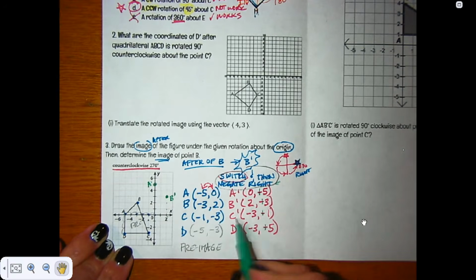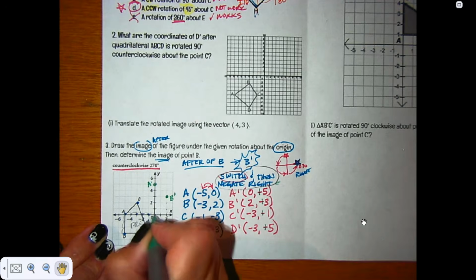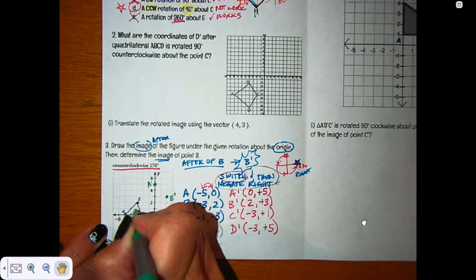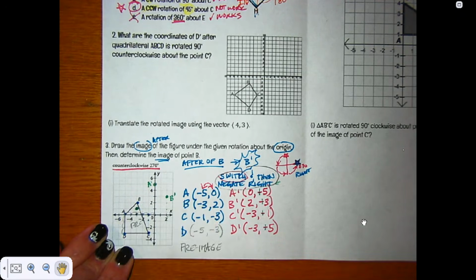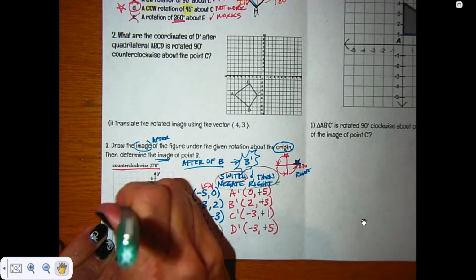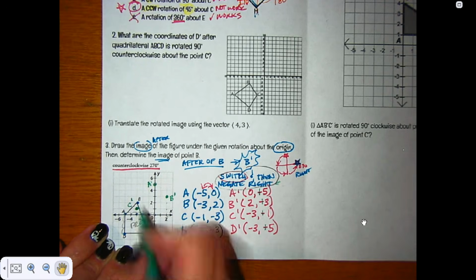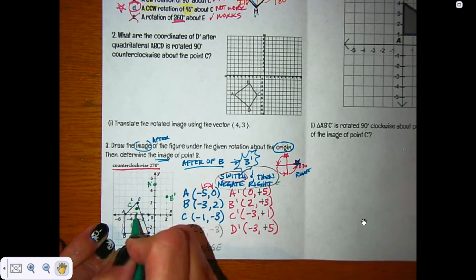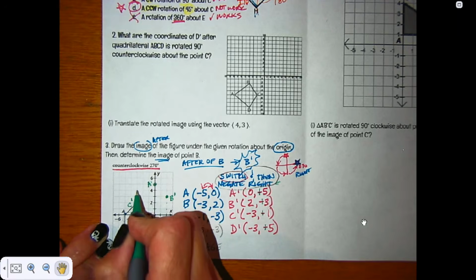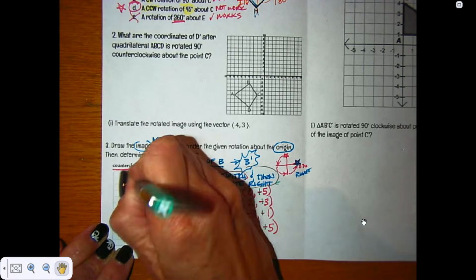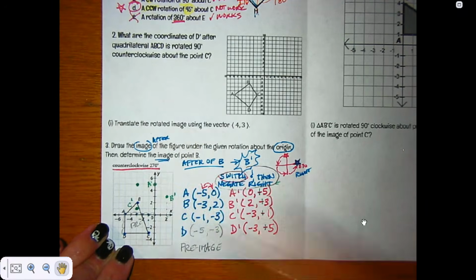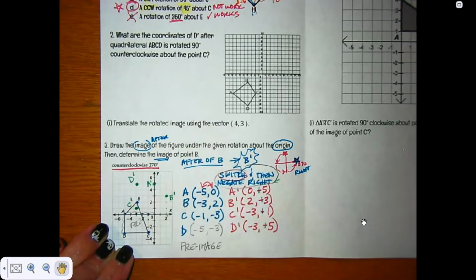My C here, -3, 1. So I'm going to go backwards 3, 1, 2, 3, and up 1. That puts me right there. That is my C prime. And my D is at -3, +5. So backwards 3, and up 1, 2, 3, 4, 5. That's going to be up here. That is my D prime.